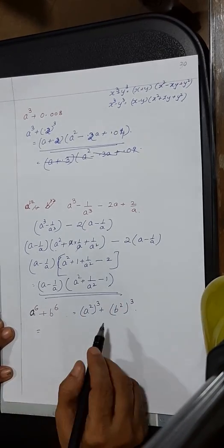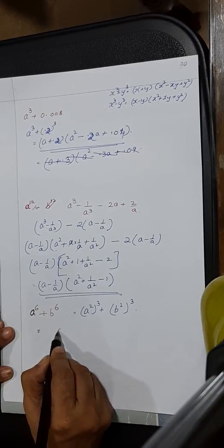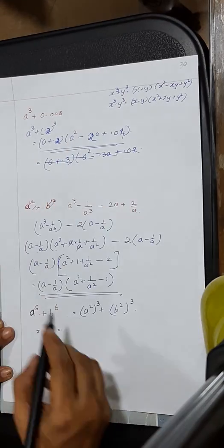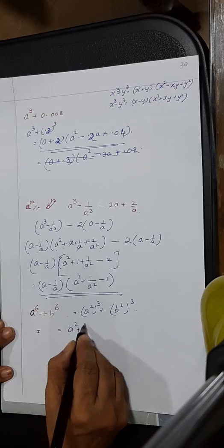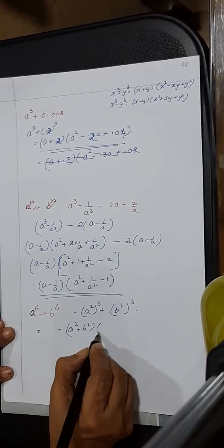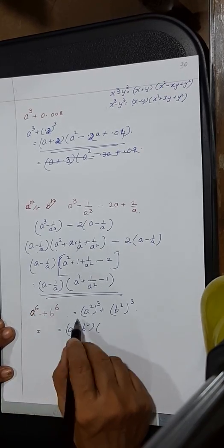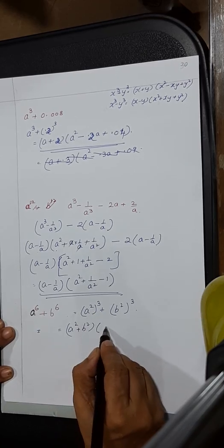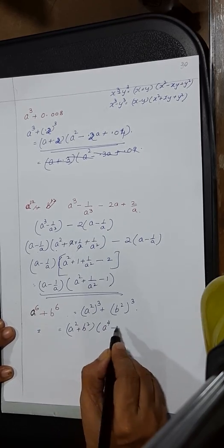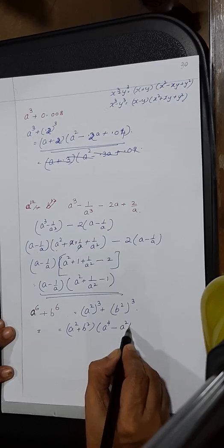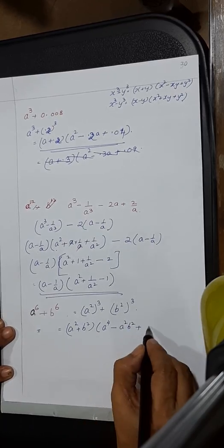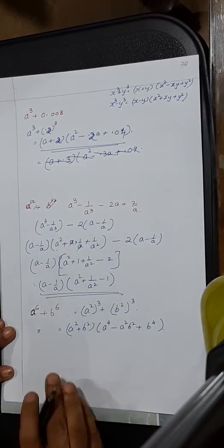So, this is equal to x plus y, so a squared plus b squared, into x squared will become a squared the whole squared, a to the power of 4, minus xy, so a squared b squared plus b to the power of 4.